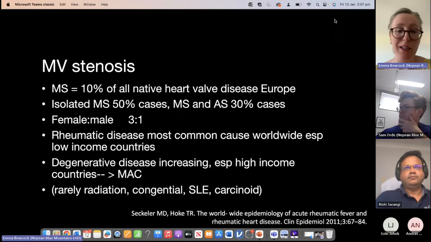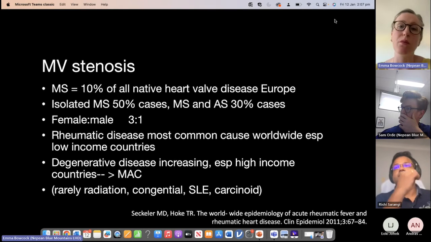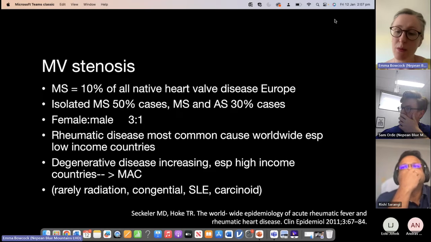So as always, not just focusing on the mitral valve, but always looking for concomitant valvular disease is obviously important. It tends to affect females more than males, and they've had this childhood history of rheumatic fever. They don't always know they've had that, and then they tend to present with symptoms between ages of 20 and 40 usually.